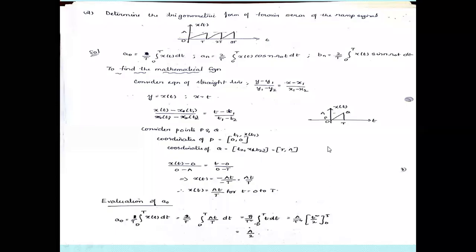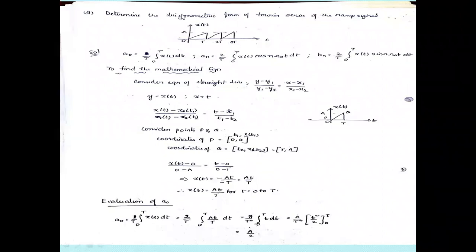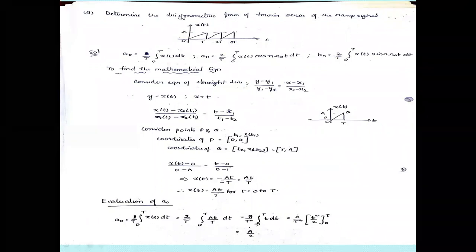Okay, now let's see here. You can observe a ramp signal from 0 to capital T, with the duration of the time period T, having a slope up to a magnitude of A. So let us assume this is a graph, a slope.